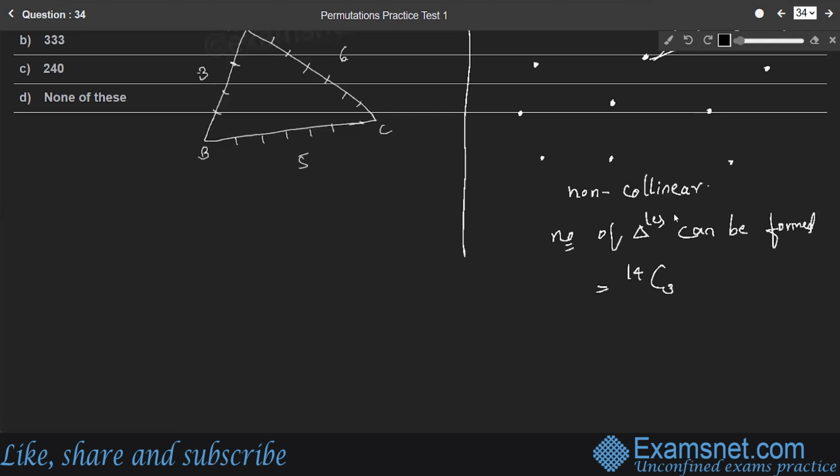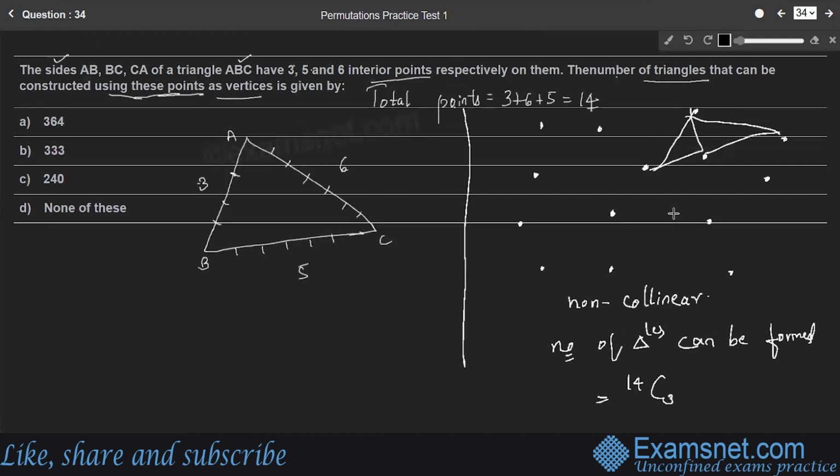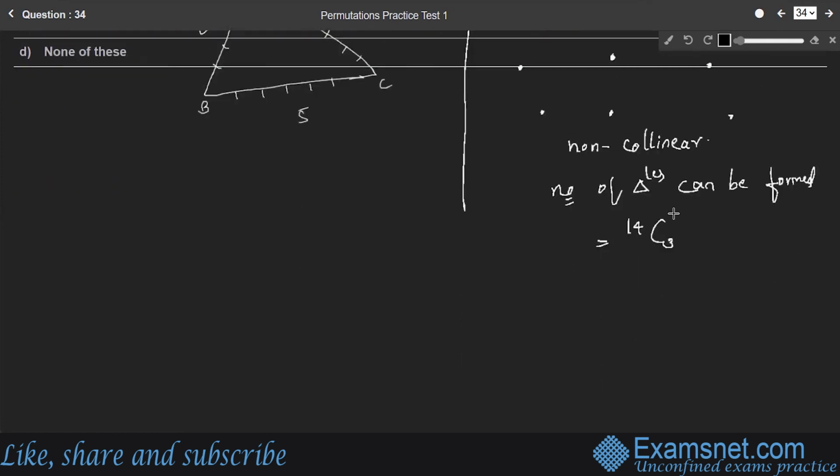14C3. Why is it 14C3? Because we have to pick 3 points randomly out of 14 points. Because to form a triangle, we need 3 points, right? Therefore, it is 14C3, in the general case when points are non-collinear.